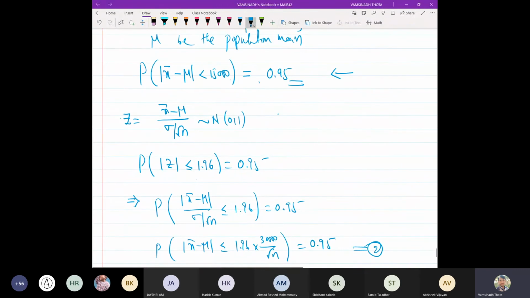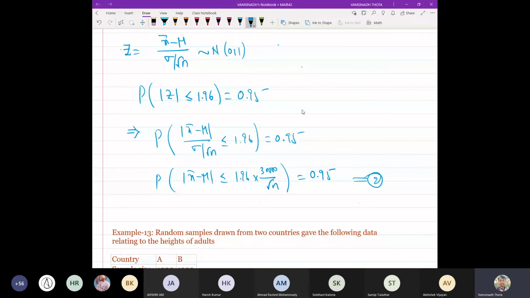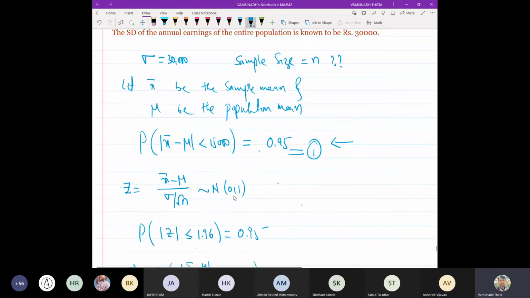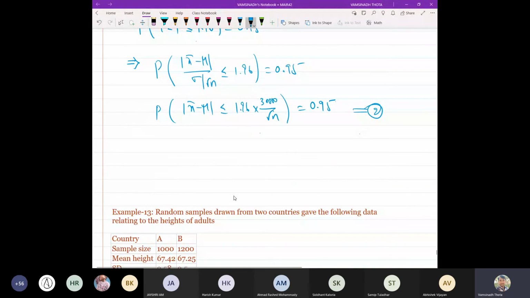Okay. Now you compare this statement and this statement. Maybe you call it 1 and 2. So from these two, we must have 1.96 times 30,000 upon root n is equal to 15,000. Right? Okay.